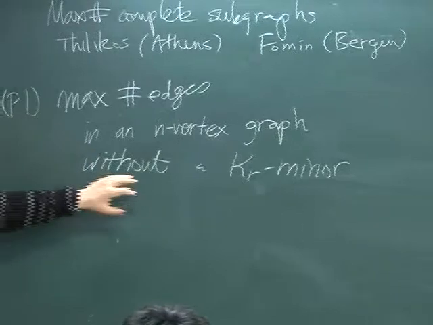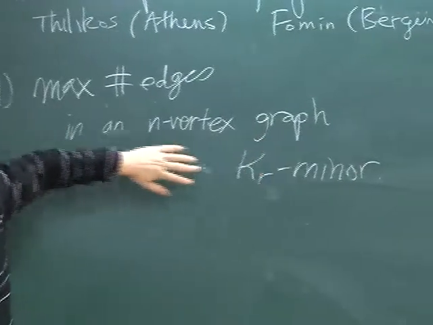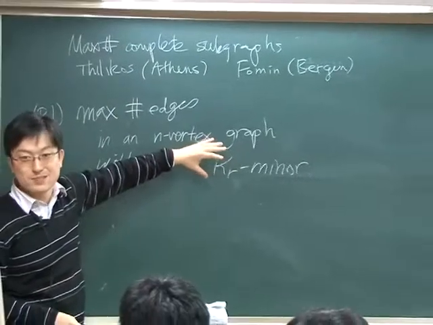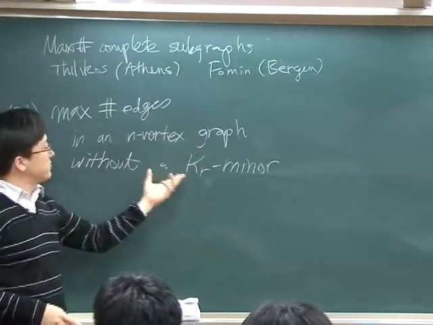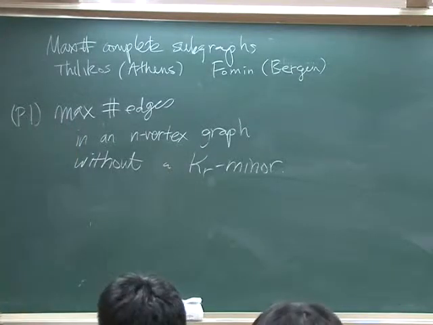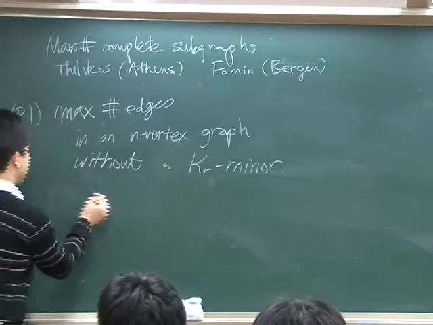So now we are given some graph. Now, if I didn't have this condition, then the maximum number of edges was n choose 2, so it's about n squared. But if you have this additional condition, then there is a previous result. Okay, this is not my theorem.